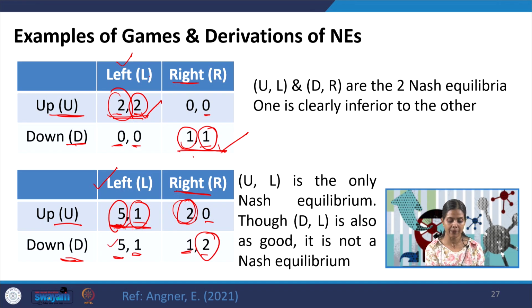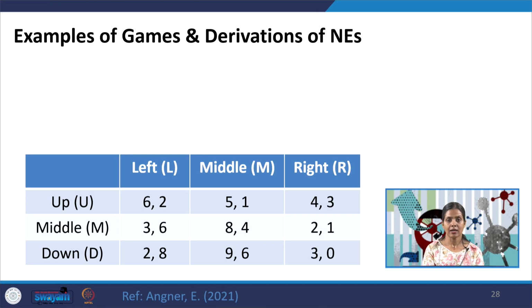So, UL is the only Nash equilibrium, though DL is also as good as UL, but it is not a Nash equilibrium, because we cannot ensure that if player 1 chooses D, then player 2 will choose L. Of course, when player 1 chooses D, player 2 chooses R, and when player 2 chooses R, then player 1 chooses U. So, as a result DL is not a Nash equilibrium, even though the payoffs associated with UL and DL are the same. This is another example where it is a 3 by 3 payoff matrix.